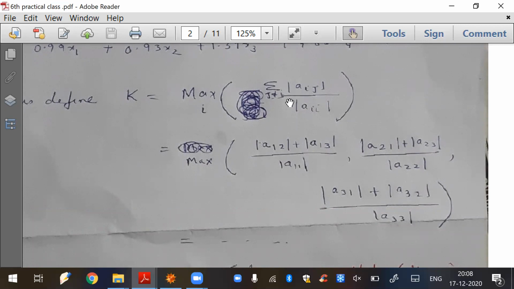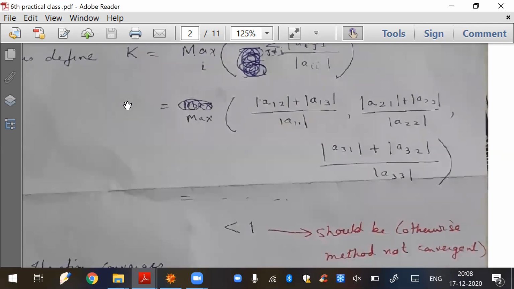Another term for i equal to 4, which is missed here, is mod of a41 plus mod of a42 plus mod of a43, divided by mod of a44. You have to calculate all these terms and take the maximum of these 4 terms. That will be the value of k.